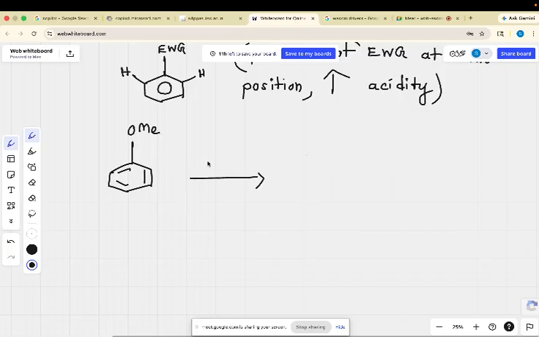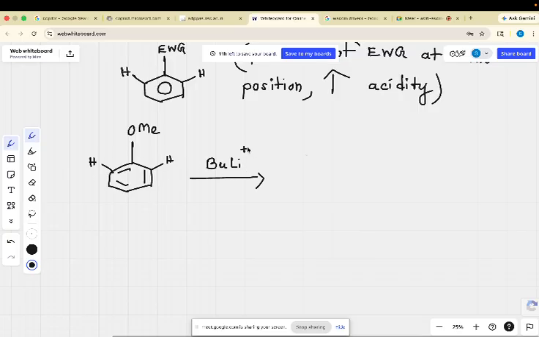Now here I am giving butyl lithium. So what will happen? Tell me, any one of you. See, this is ortho, this is also ortho, so both are the same. If you are using one equivalent, any proton it can take up.